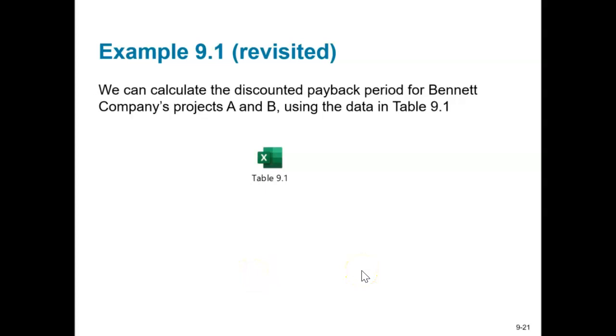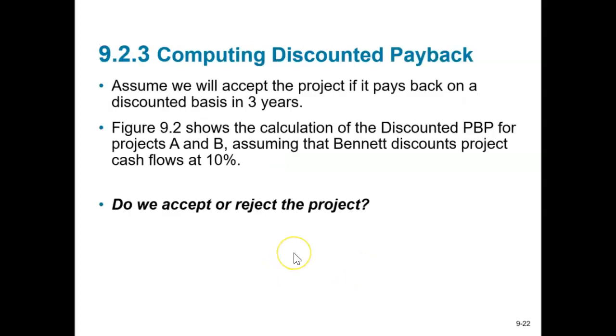Now coming back to the PowerPoint. Assume we will accept the project if it pays back on a discounted basis in 3 years. Based on the calculations in the Excel template, we discovered that the projects are taking more than 3 years.